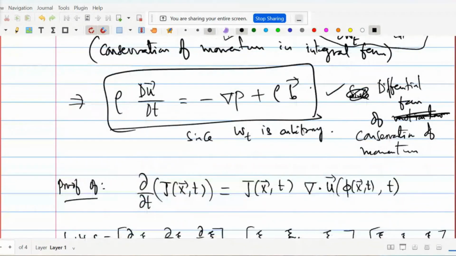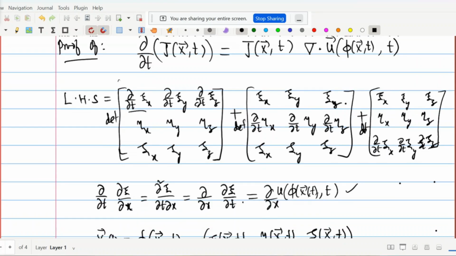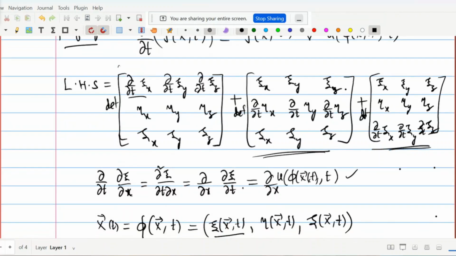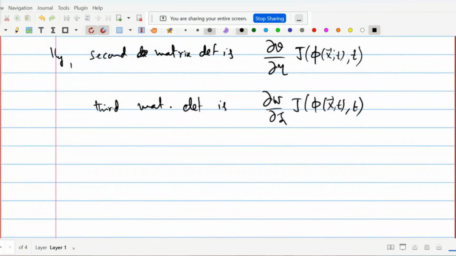We are proving that ∂/∂t of the Jacobian equals these determinants on the LHS. Sorry, I wrote these as matrices, but you have to say determinant. These are all determinants of the matrices. This is the first one, this is the second, this is the third.